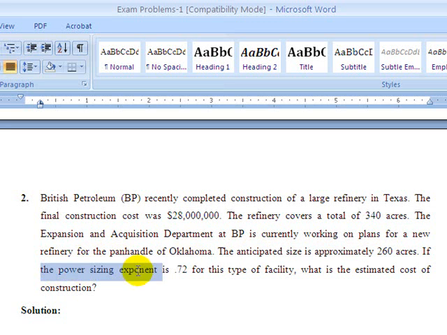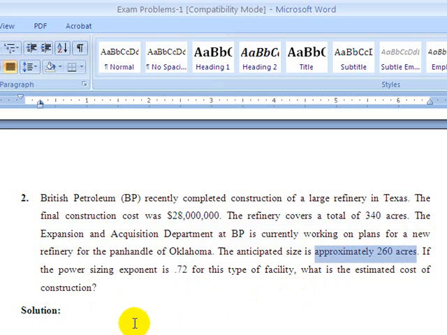If the power sizing exponent is 0.72 for this type of facility, what is the estimated cost of construction? So basically we need to estimate the cost of construction for the new refinery in Oklahoma. We are given the power sizing exponent 0.72, and we know the size of the new refinery. The thing that we don't know is the cost of the refinery. That's what we need to determine.